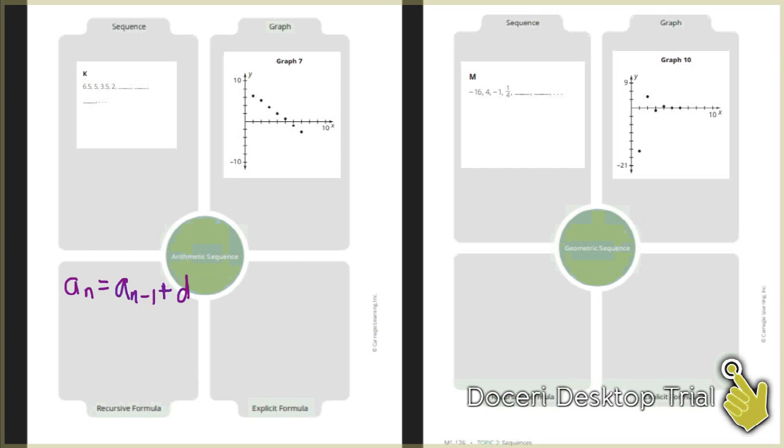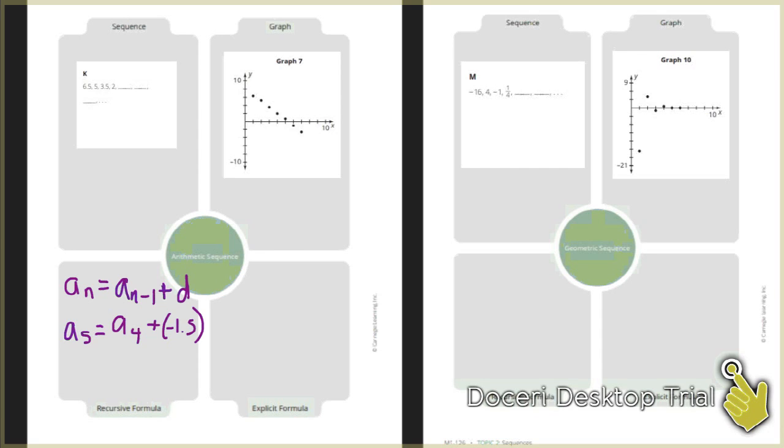Now remember I said we were going to find the 5th term in all these. Okay, well the 5th term would just mean a_5, which means the 5th term, which is going to be a_(5-1), which is a_4, the 4th term, plus the difference, which we know the difference here is negative 1.5.